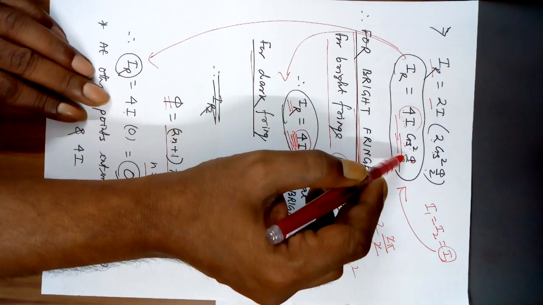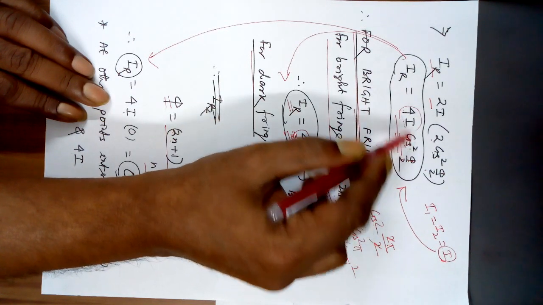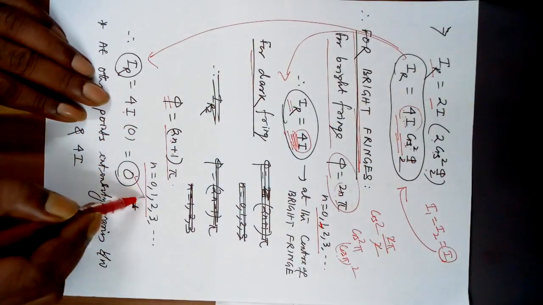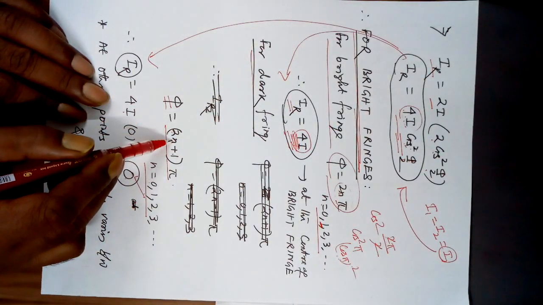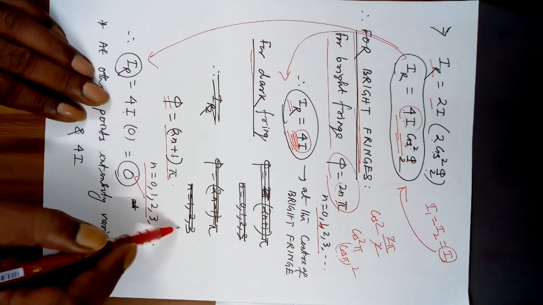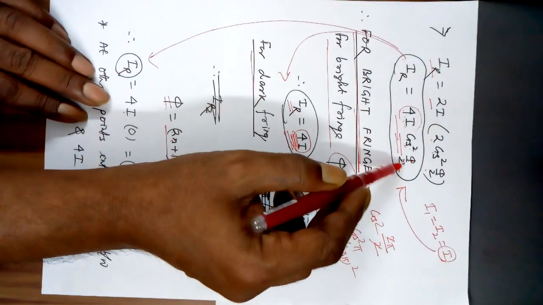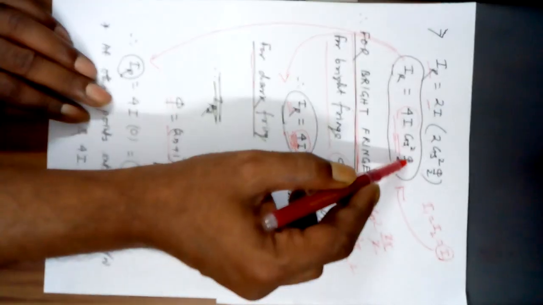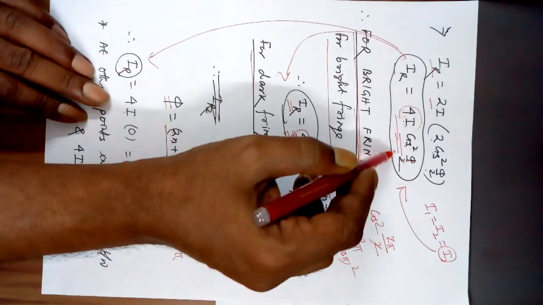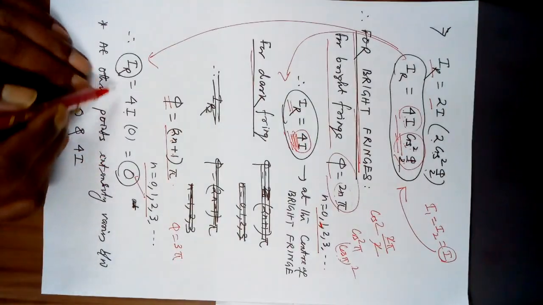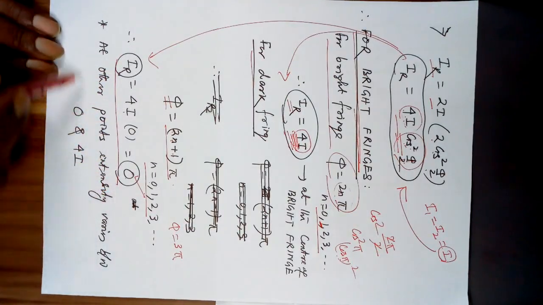Cos 90 is 0, square 0, so 4I into 0 is 0. If you put n is equal to 1, 2 into 1, 2 plus 1, 3 pi. Phi is equal to 3 pi. Now put it here, phi by 2 is 3 pi by 2, square of that also becomes 0. So the resultant intensity is 0.